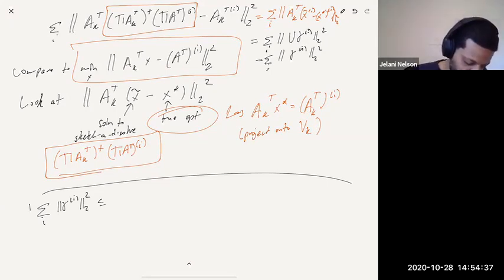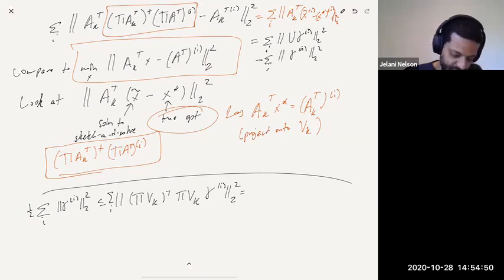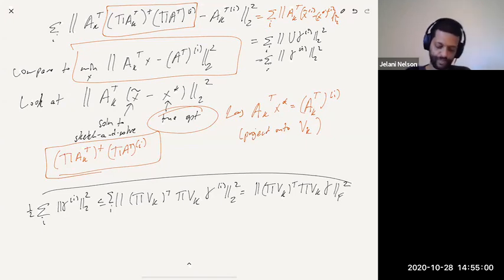So this is at most, let's say, 1/2 times the sum over i of pi V_k transpose pi V_k gamma_i L2 norm squared, which is the same thing as treating gamma as a matrix now, pi V_k transpose pi V_k gamma, Frobenius norm squared.